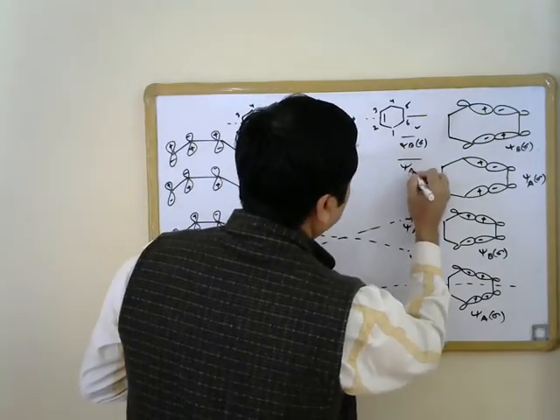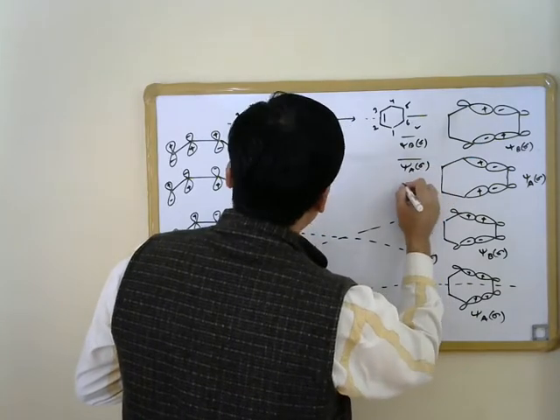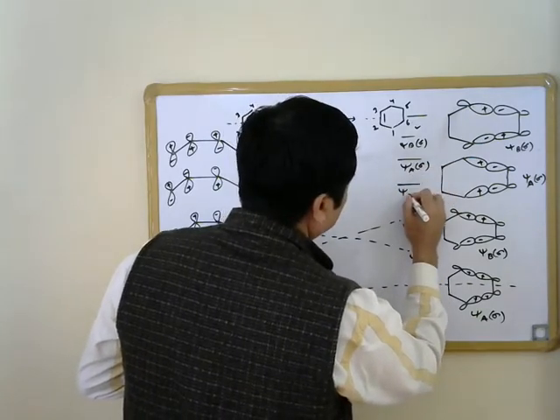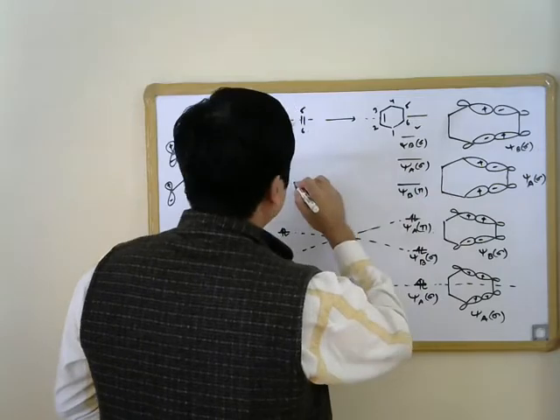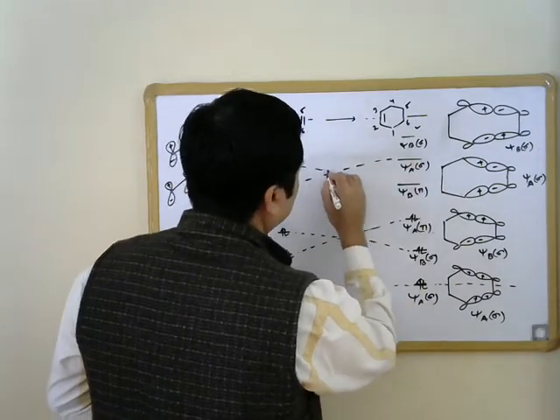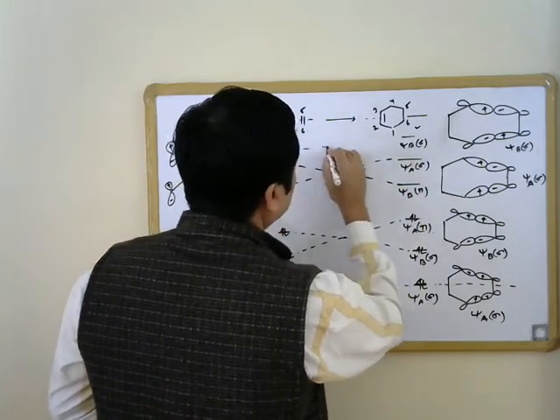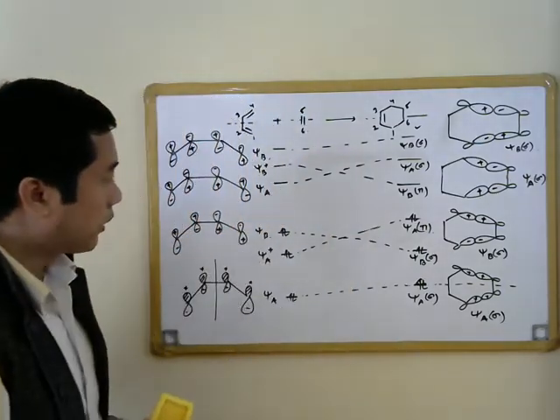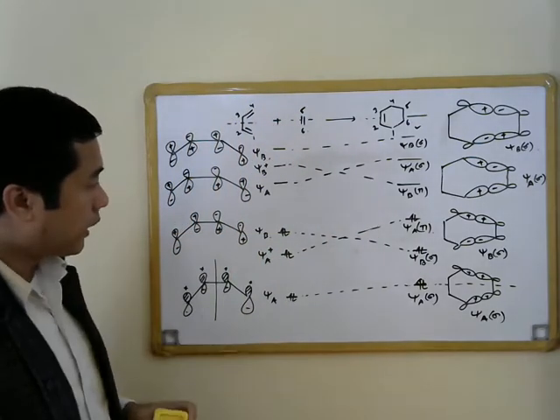So psi A sigma and then psi B pi. This is how we can correlate the antibonding molecular orbitals in this way.